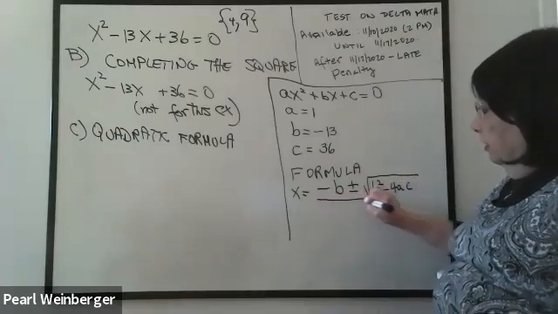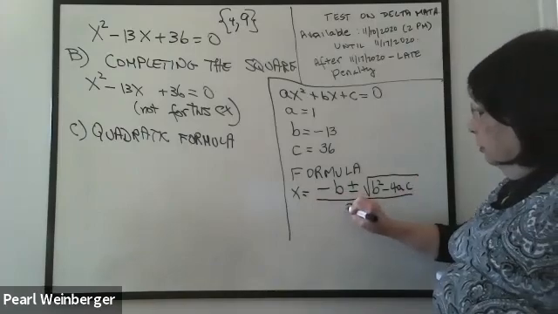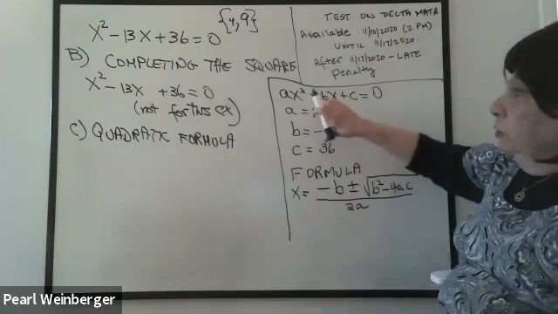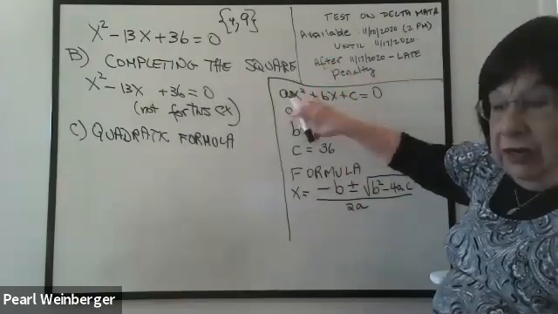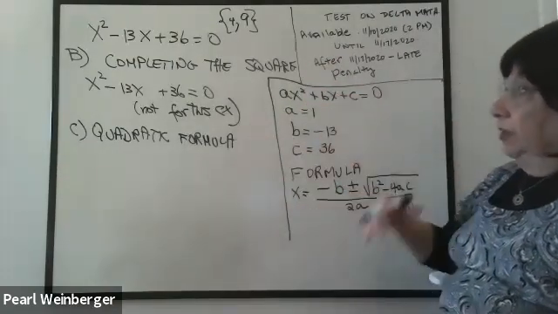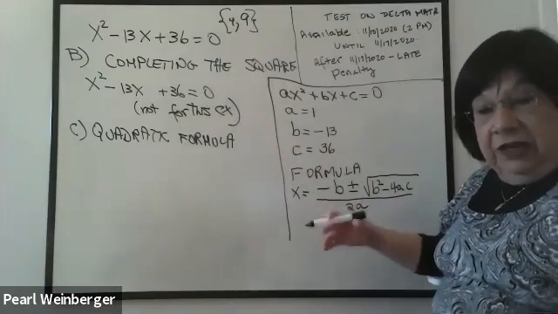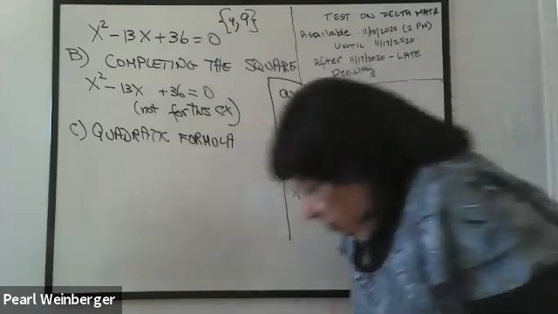This whole long thing is over 2a. And all we have to do is take the numbers that we've written down for our example, the a, the b, and the c, and fill them into the formula.